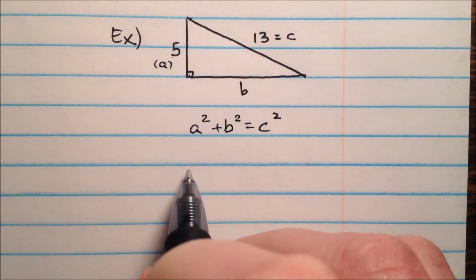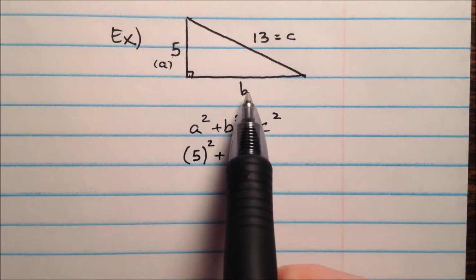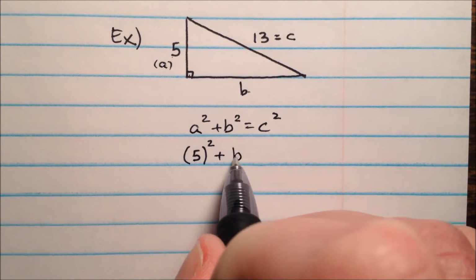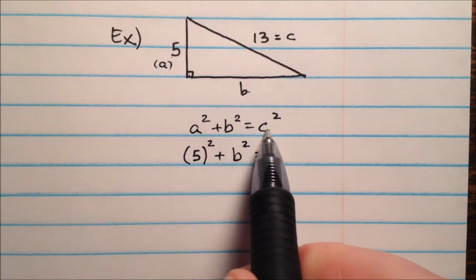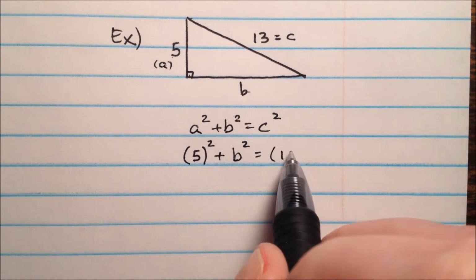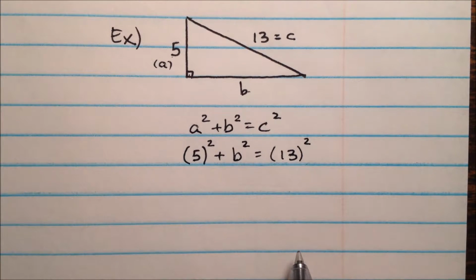Our value of a will be 5, so I'm going to substitute that in, and always use parentheses when you substitute values. Your b value you don't have, that's what you're looking for, so we can just leave this as b squared. And our c value will be 13, so I'll substitute that 13 in for c, put it in parentheses, and put the squared there.